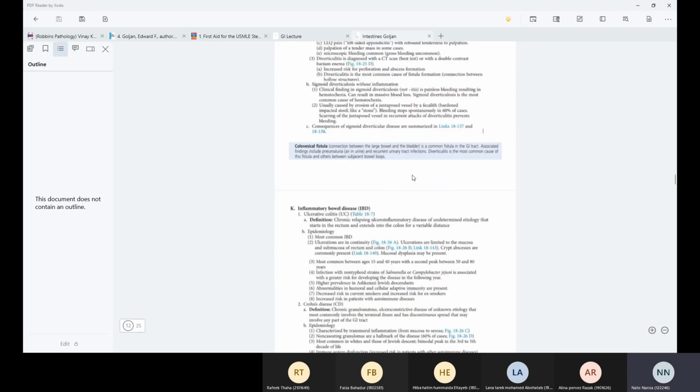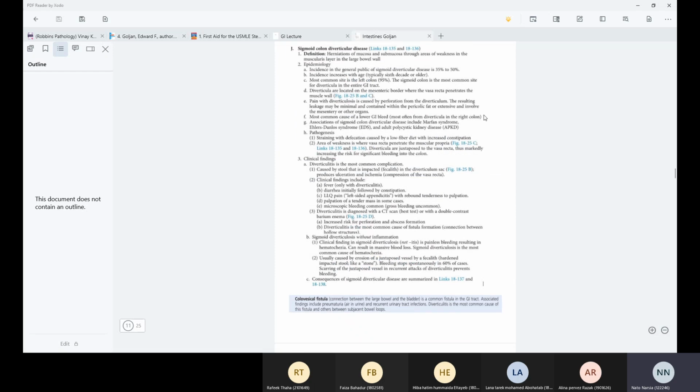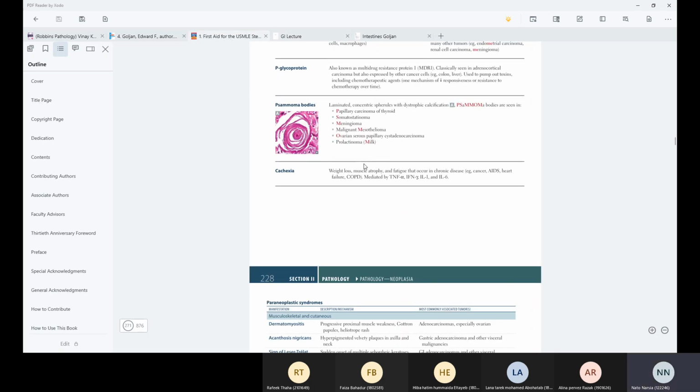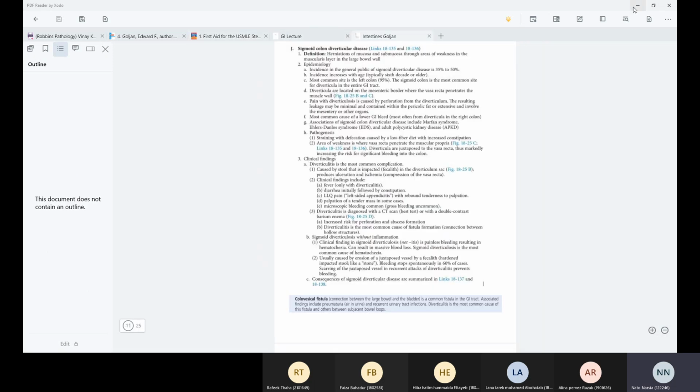So this 11 page, you need to read from Goljan. I will send this as well, and you can read First Aid as well. So your homework, guys: GI until inflammatory bowel disease from Goljan.